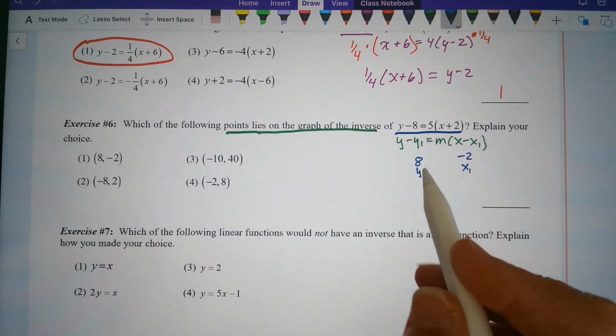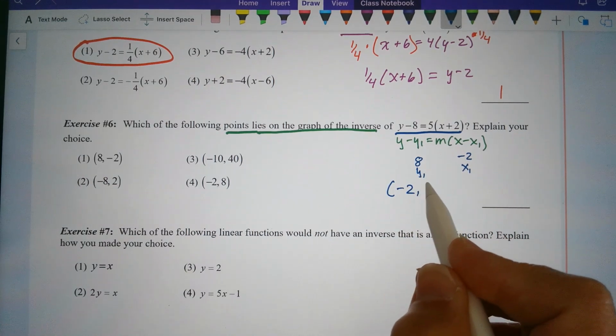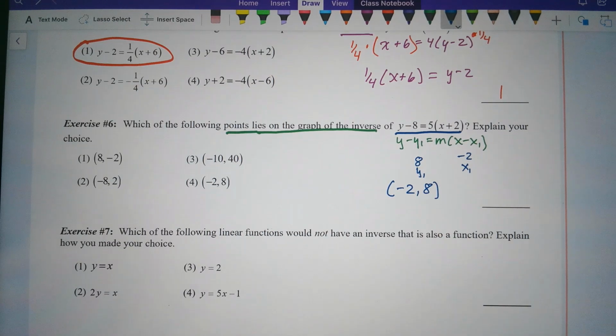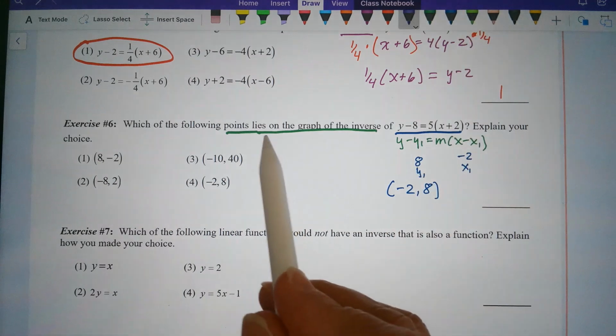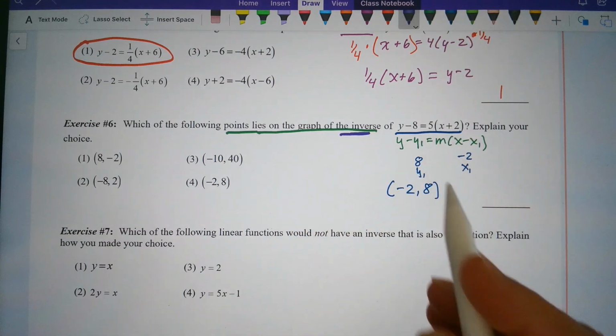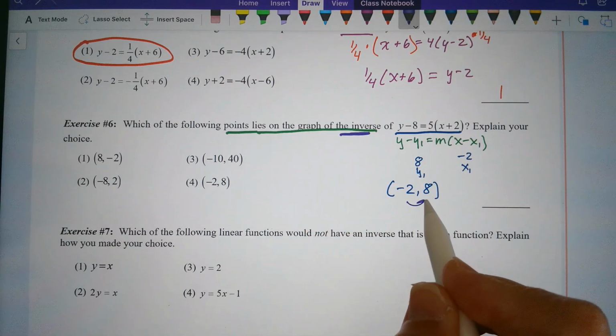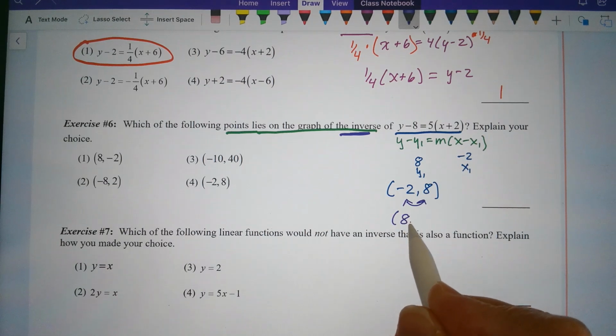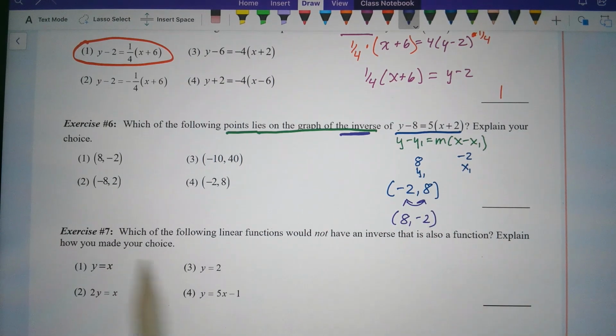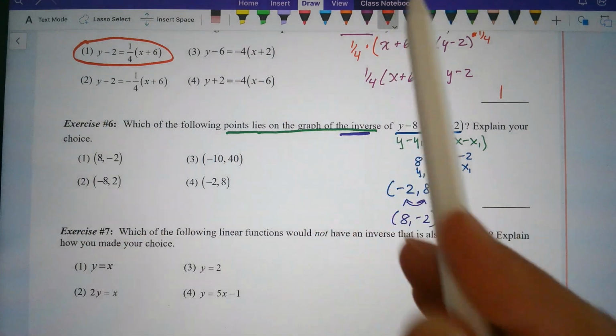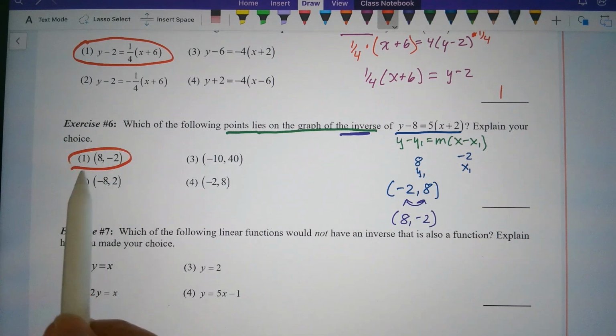So a point on this line would be negative 2 comma 8. Therefore, a point on the inverse, we would just switch the x and y. It would be 8, negative 2. That's choice 1 again. We're getting a lot of choice 1 answers here.